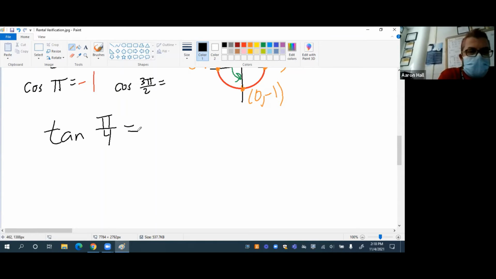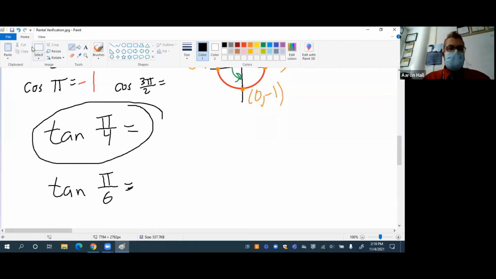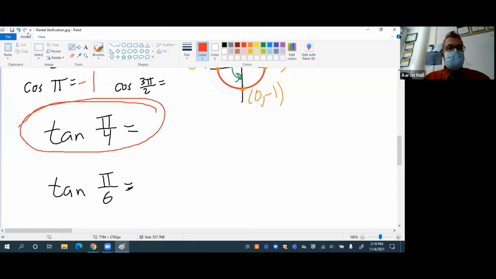I'm sorry, I was using the wrong units. Or tangent of pi sixths. Well, I don't really have a tangent finger. So how would you do this? We need to remember one of our trig identities. What is our trig identity that would be helpful here?